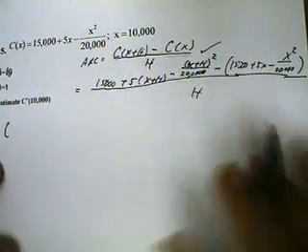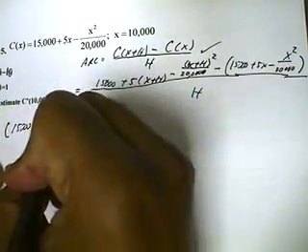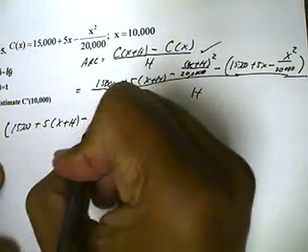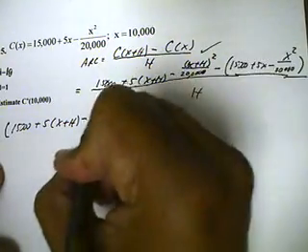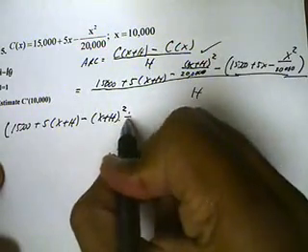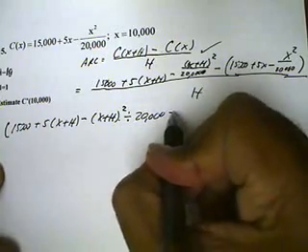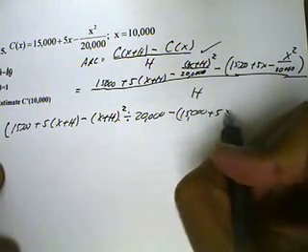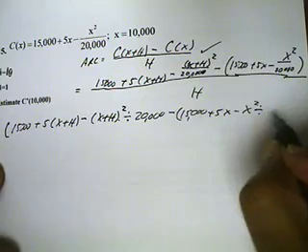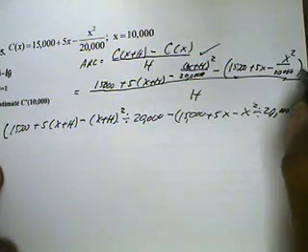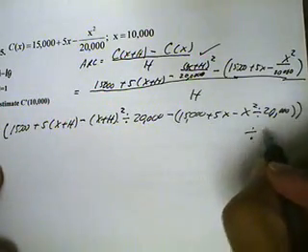I'll type in 15,000 plus 5 open parenthesis x plus alpha h, and I'll close that, and then I'll subtract, and then I'll need parentheses x plus h, and then square that, close parenthesis, hit my division button, and type in 20,000, minus another parenthesis, which will be 15,000 plus 5x minus x squared, hit the division button, and then 20,000, close that parenthesis, and then close the numerator, and then divide all that by h.